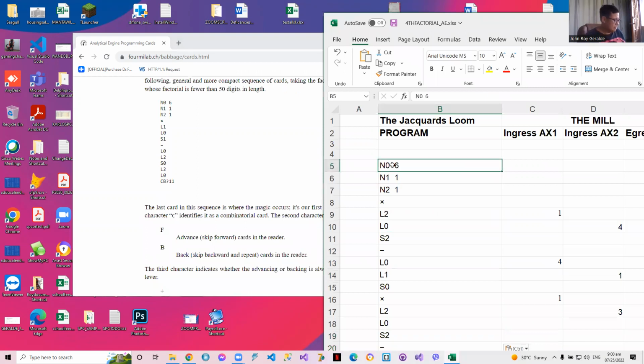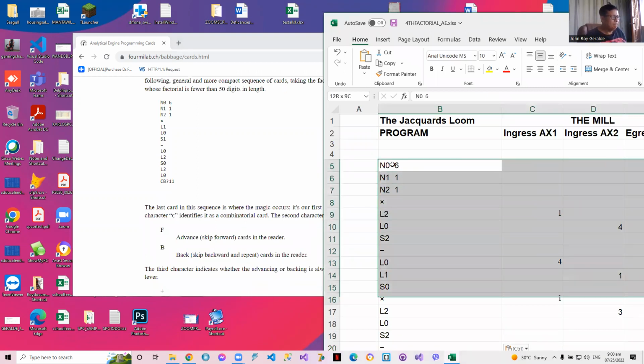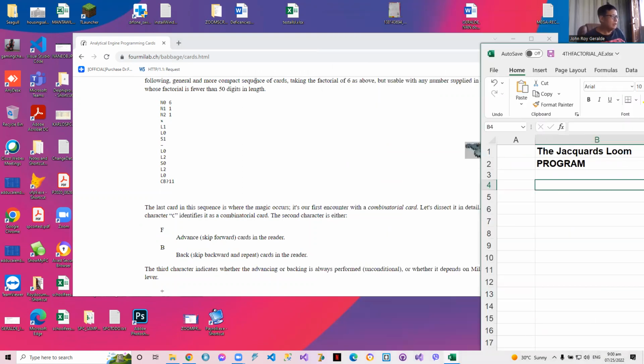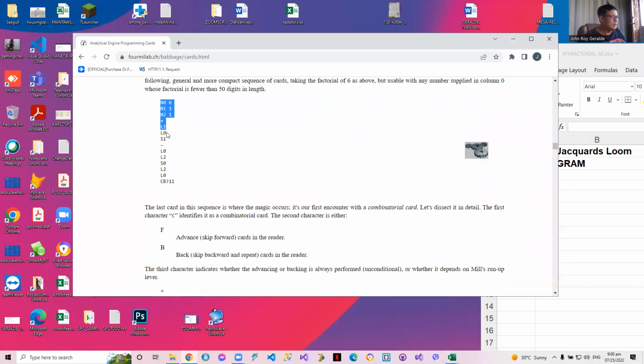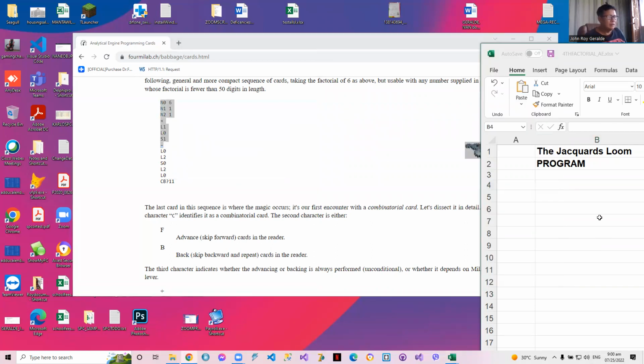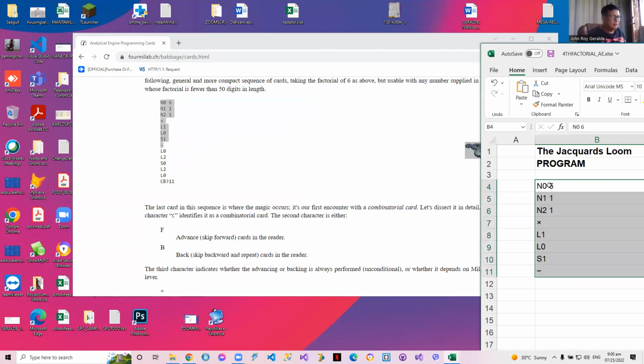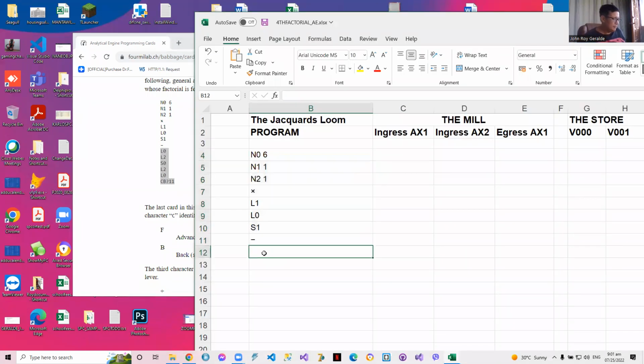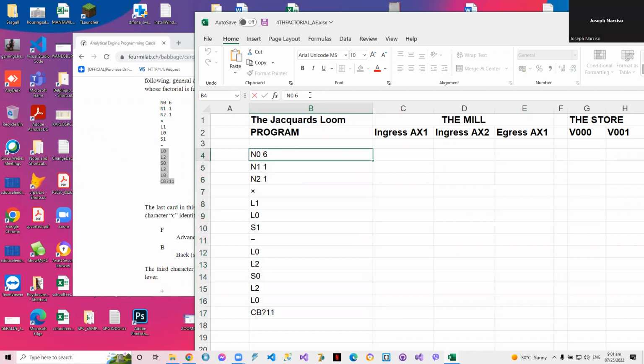I'm sorry for that. This is the one we need, with looping. This is the 6 factorial. Let's just do 4. Let's do the 4. This is 4.